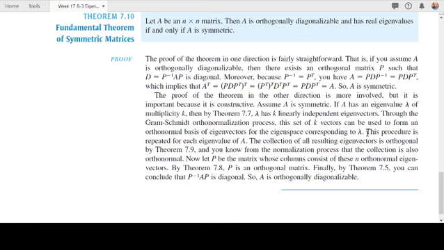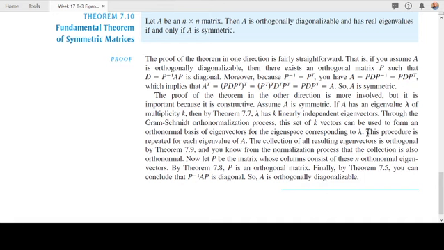Through the Gram-Schmidt orthonormalization process, you can see that this set of k vectors can be used to form an orthonormal basis of eigenvectors for the eigenspace V lambda.